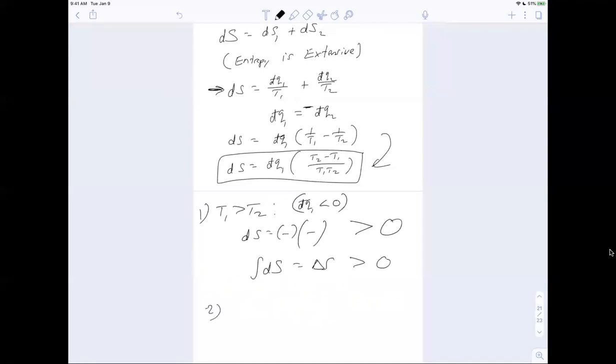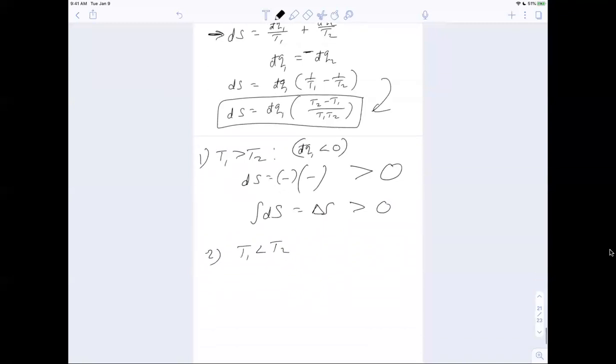What about the case where T1 is less than T2? If T1 is less than T2, what is the sign of dQ1? Positive. Exactly. And what about the term in the parentheses, (T2 minus T1) over T1 T2? What is that in terms of sign?